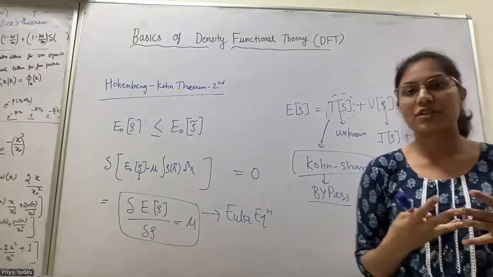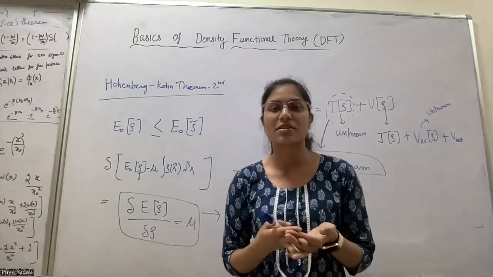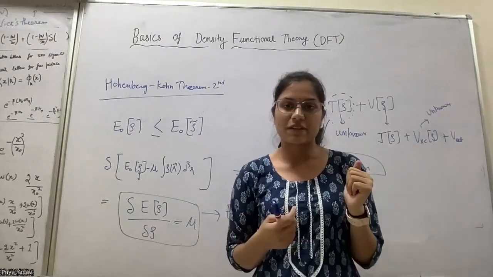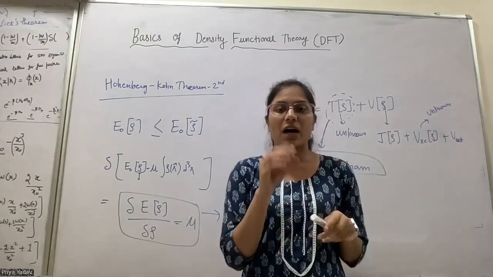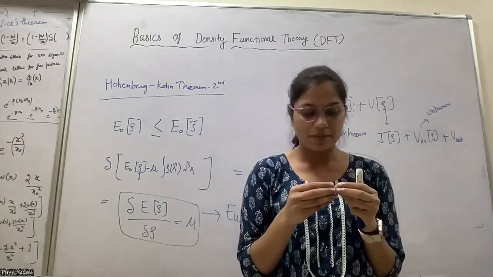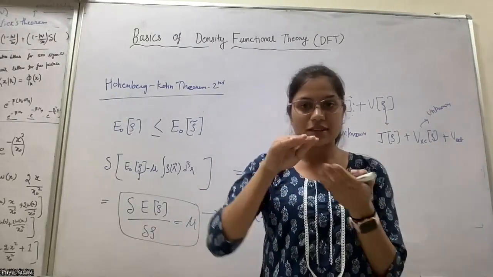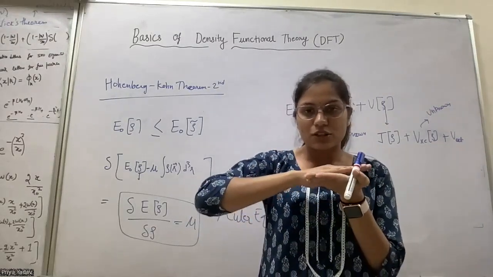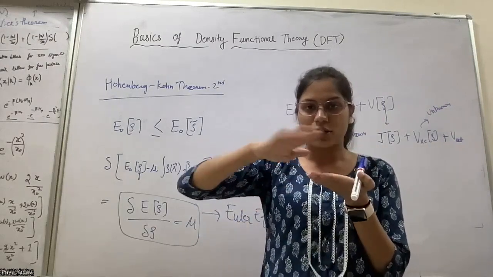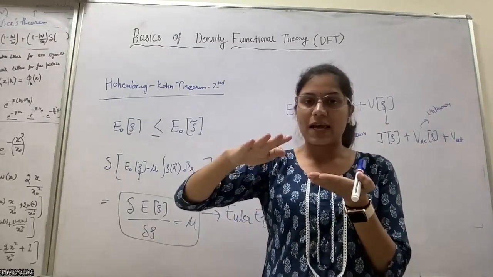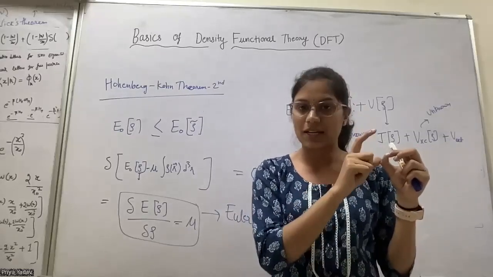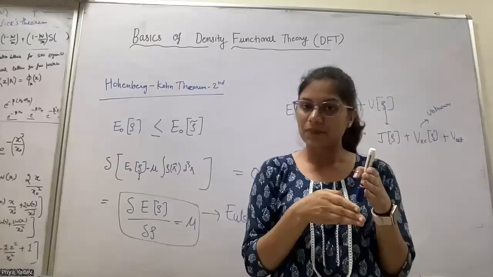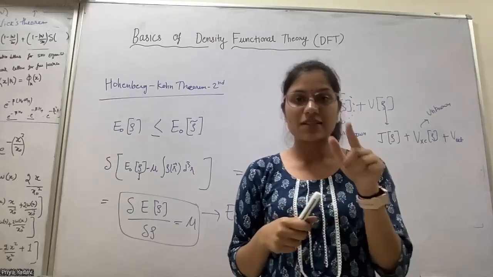There have been approximations: for the homogeneous electron gas they have done it, and for hydrogenic systems, that is the von Weizsäcker part, they have done it. Homogeneous electron gas is where there is a uniform potential, and von Weizsäcker is like a nucleus and one electron, hydrogen-like. So these are the two extremes, but our atoms are somewhere in between, right?